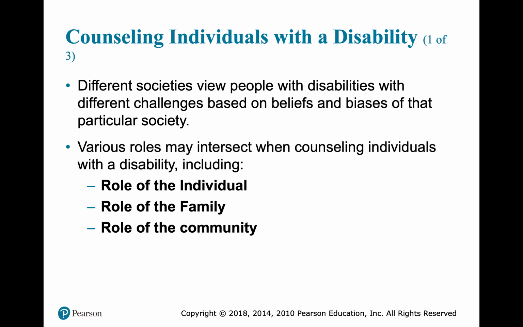The role of the family. This could be the extended family, not necessarily the nuclear family, especially if you're working with someone who is not of the Western culture. We see that 94% of world societies feel that the extended family is very important, not just the nuclear family.